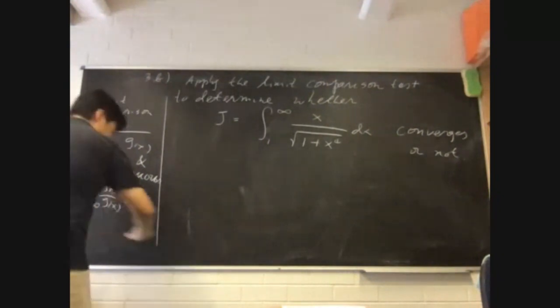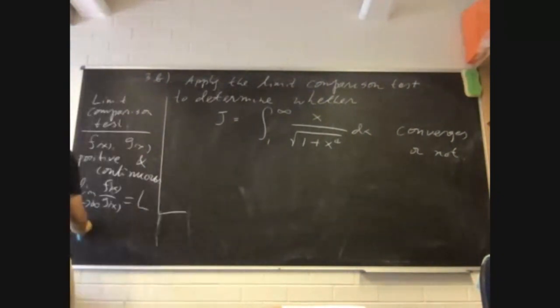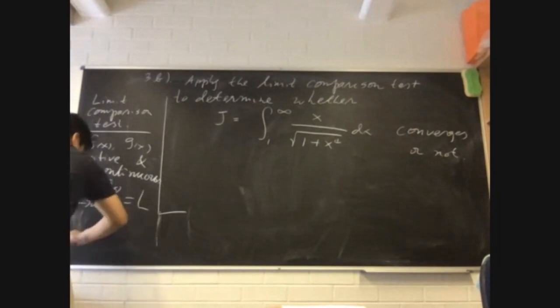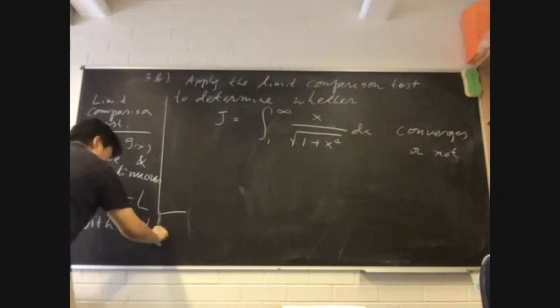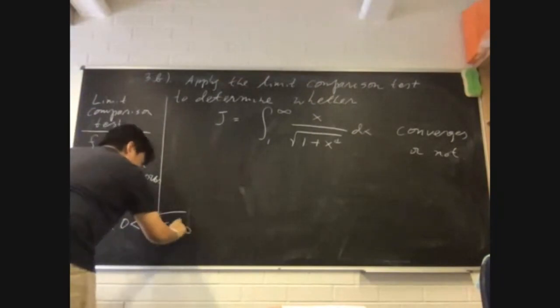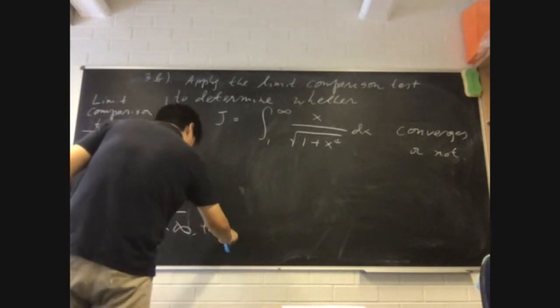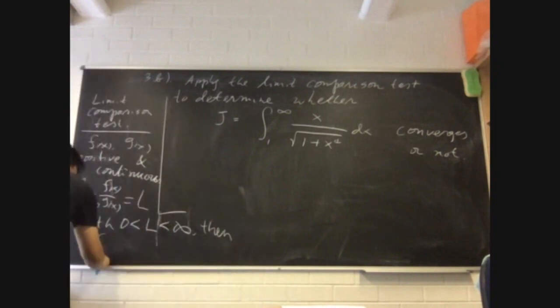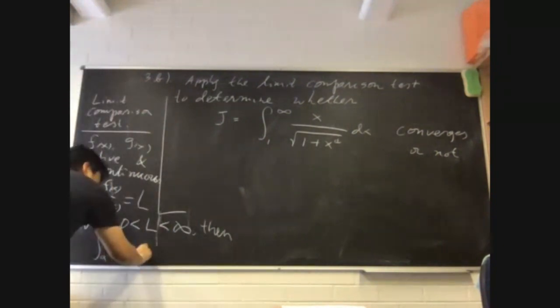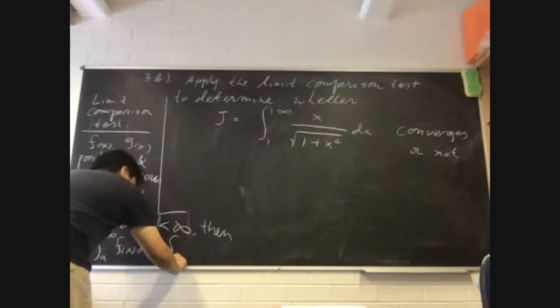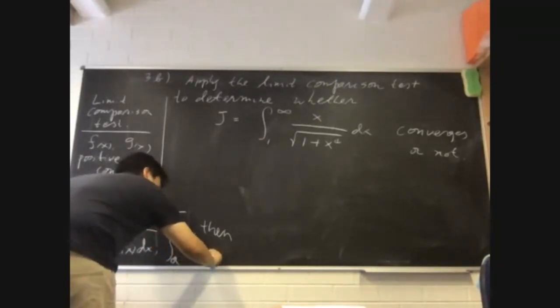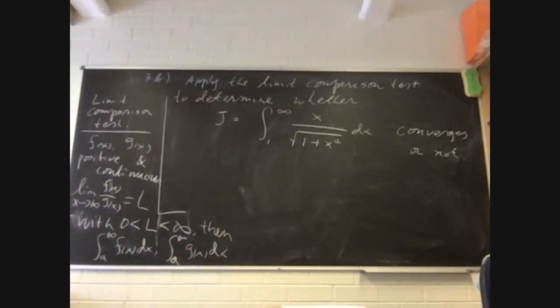then with L positive and finite. So if the ratio of two functions, as you take x to infinity, has a limit, and the limit is L, and this L is positive and finite, then the two integrals, the integral from a to infinity of f of x dx and the integral from a to infinity of g of x dx, they either converge or diverge together.